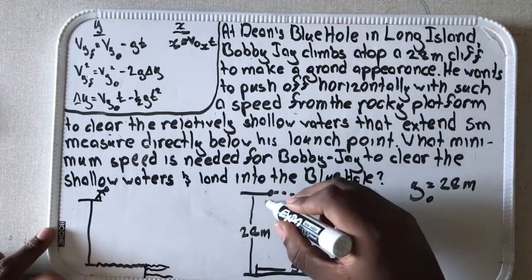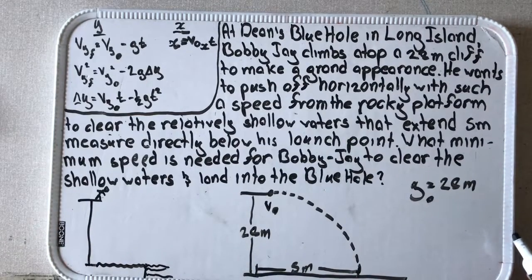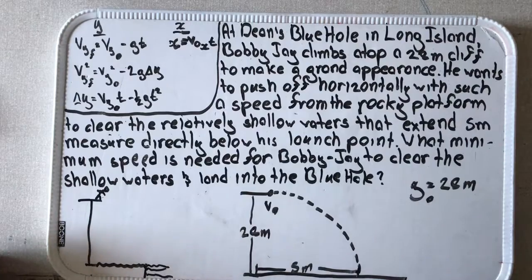So I have some v naught here, and I want to know what v naught I need such that my maximum horizontal distance is 5 meters, because we're assuming that he hits the waters 5 meters out, or more. But in this case, I only need to know the minimum, which is at 5 meters. So what horizontal velocity do I need to clear these shallow waters?